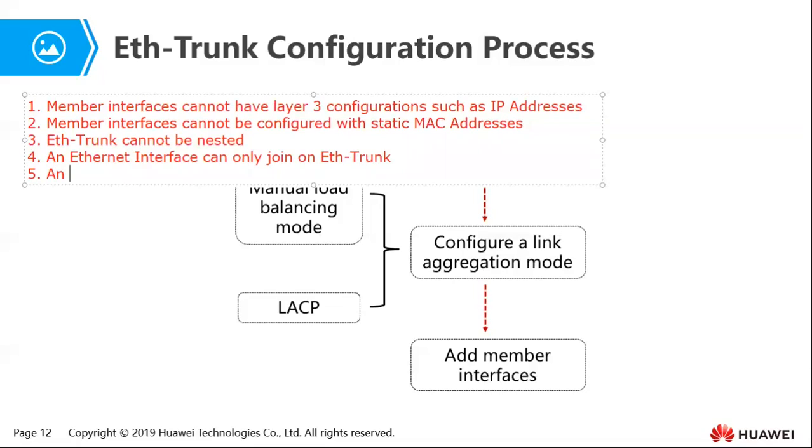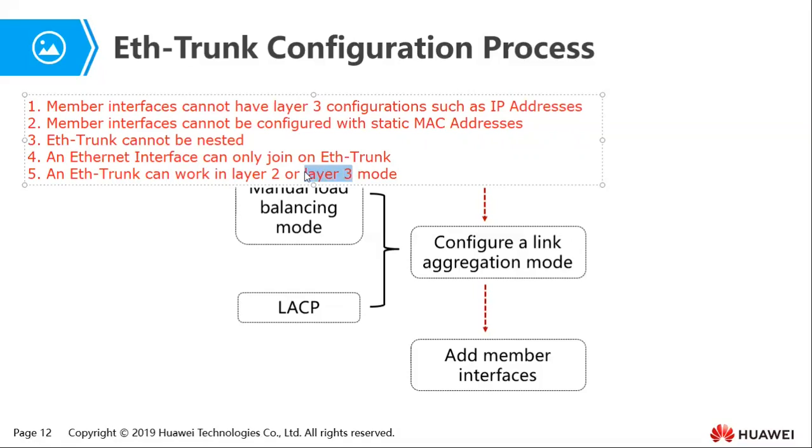The other one is that an Eth-Trunk can work in layer 2 or layer 3 mode. A layer 2 Ethernet trunk will forward data based on the MAC address. For layer 3, you have to configure an IP address to it. So that is what a layer 3 is.